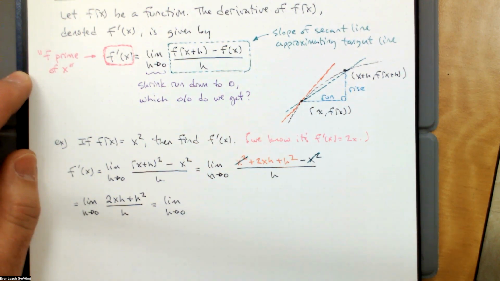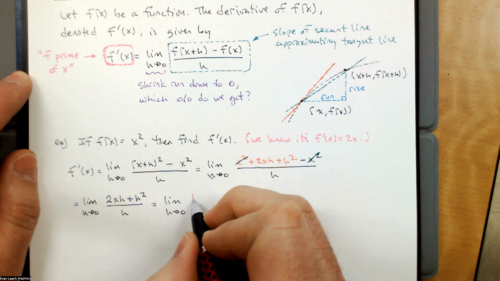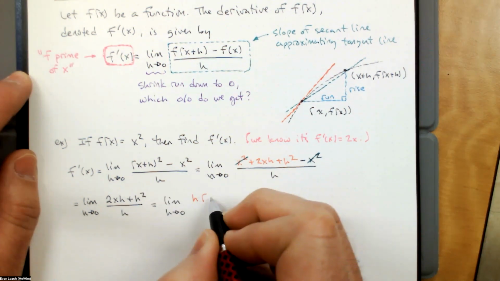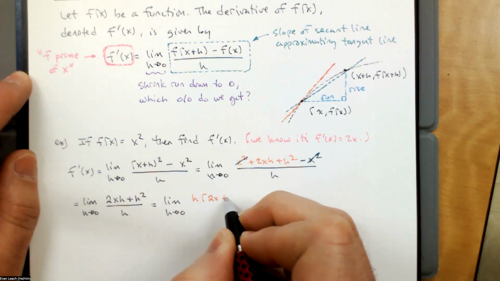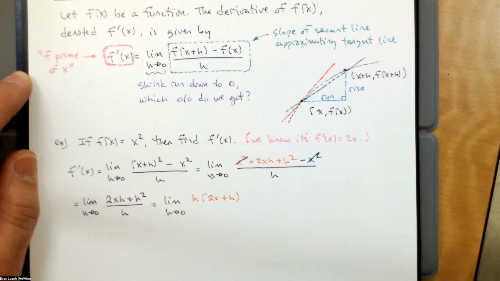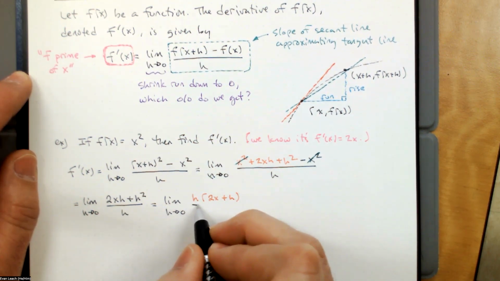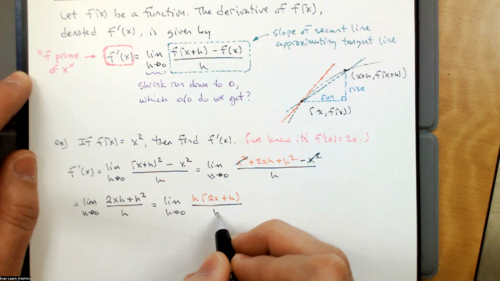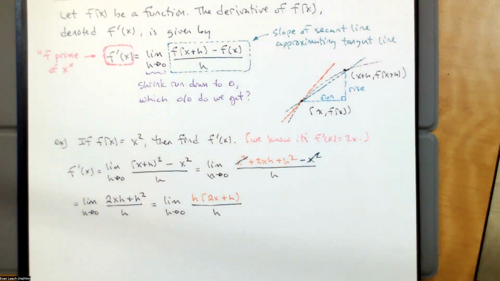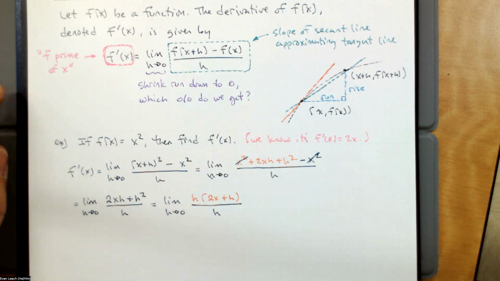I could factor out an h, and that leaves behind a 2x plus h. This is helpful because now I can cancel an h out, and then h can go to 0. I won't have a 0 over 0.